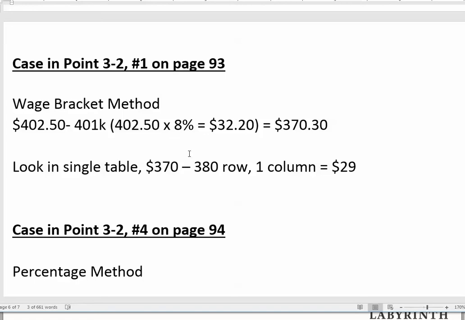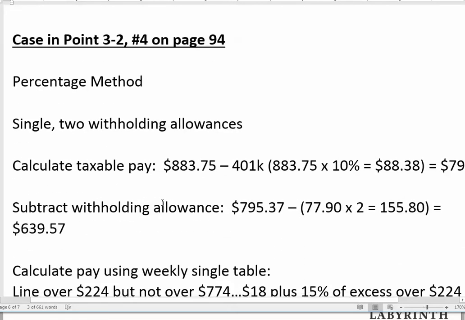Isn't that simple? But the percentage method, we're going to do number 4 for the percentage method. So turn to page 94, number 4. Melissa Kubiak is married. Oh, that's not number 4, that's number 5. We have Bill Novak as number 4. He's married with 4 withholding allowances, earning gross pay.